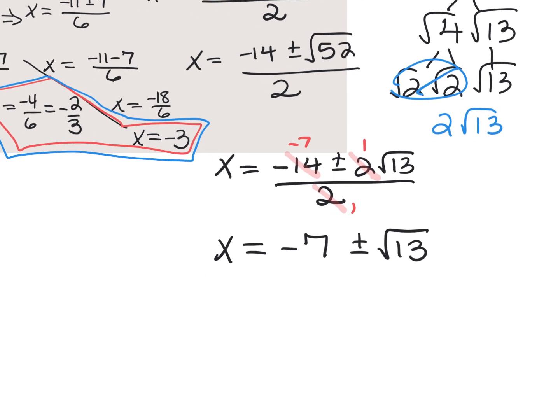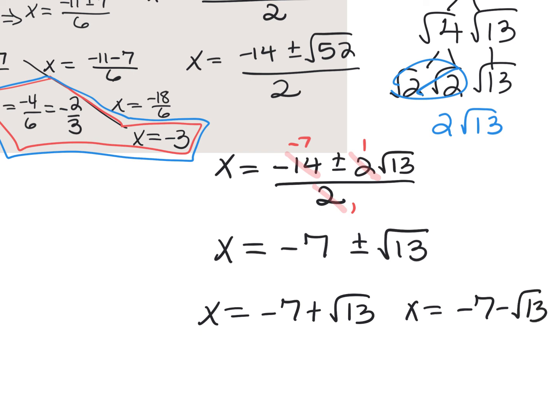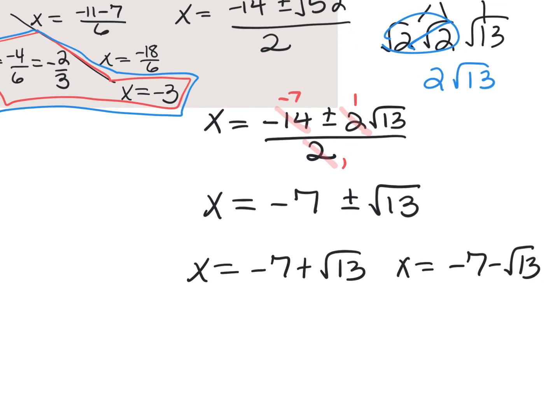Again, written as two separate answers, negative 7 plus the square root of 13 and negative 7 minus the square root of 13. In decimal form, x is equal to negative 3.4. And here, x is equal to negative 10.6.